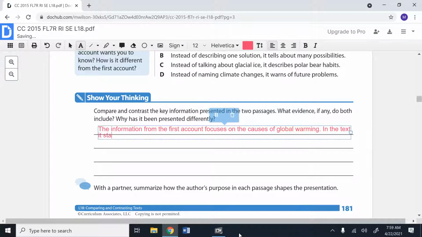In the text, it states, the burning of fossil fuels and other human activities, however, have changed the make-up of this protective covering.